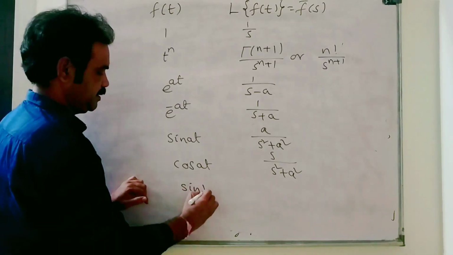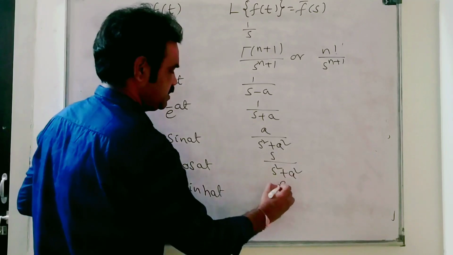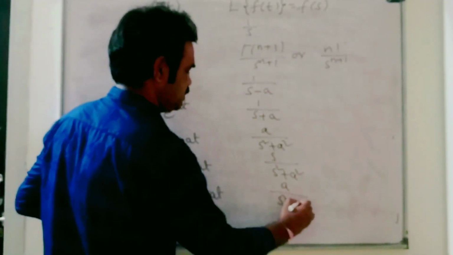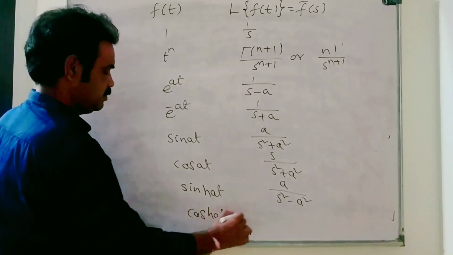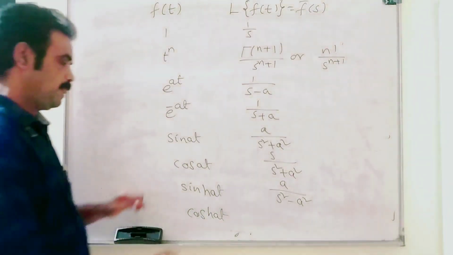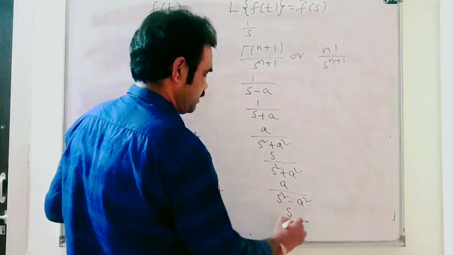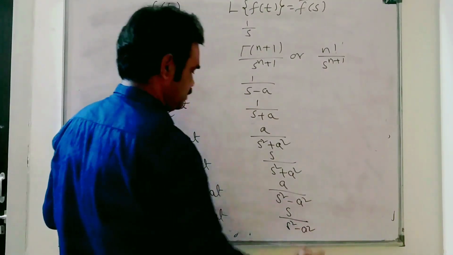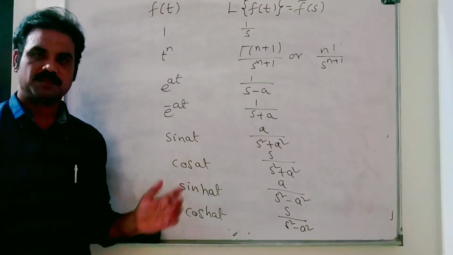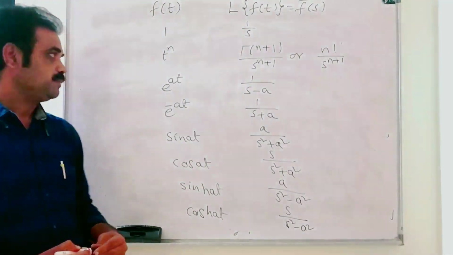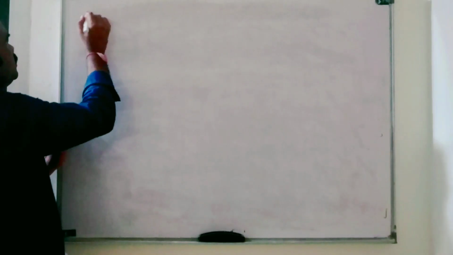Sin h at Laplace transform is a by s square minus a square. Cos h at Laplace transform is s by s square minus a square. Remember these formulas. So now go for the problems.